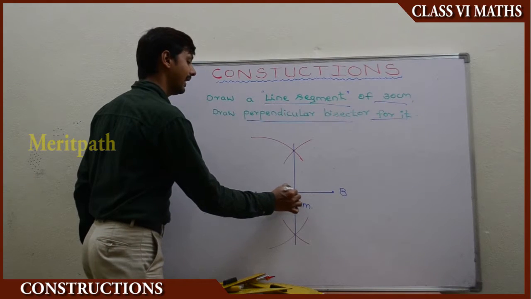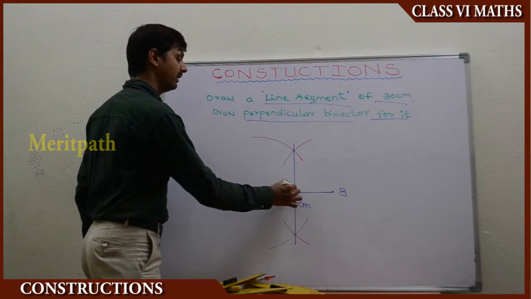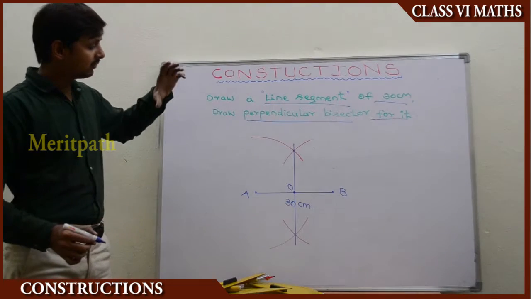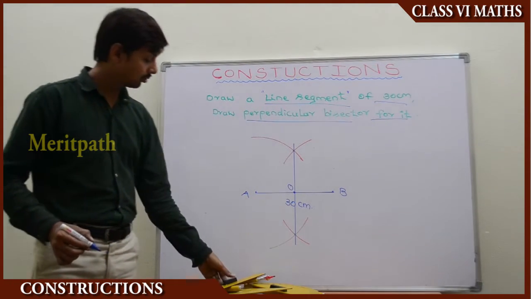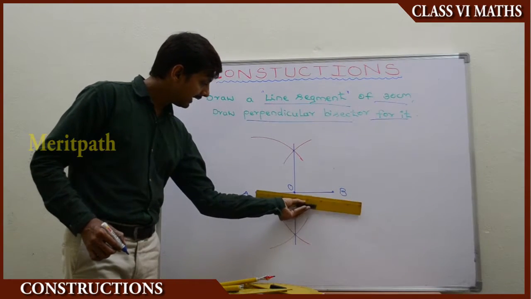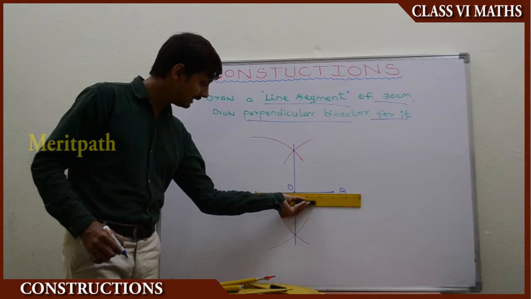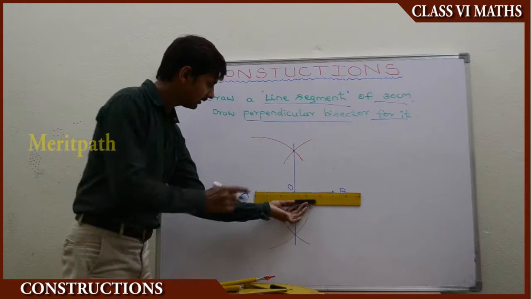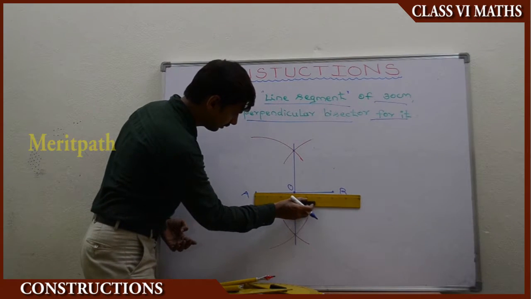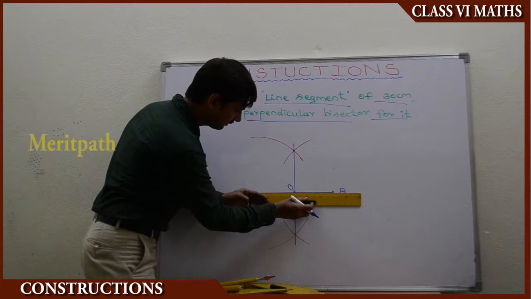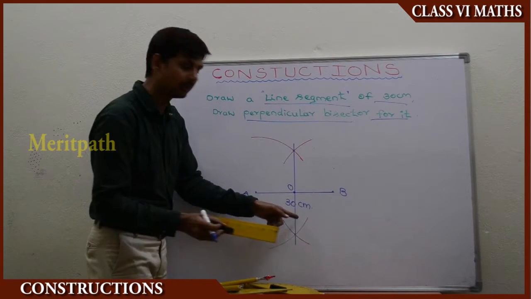Let's take this point as O. Let's find out the measurement of AO and OB. OA is exactly 15 centimeters. Just observe carefully, this is 15 centimeters, and the other part is also 15 centimeters, because the whole is 30.